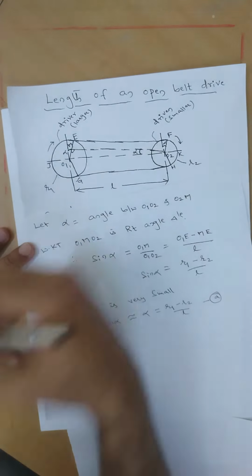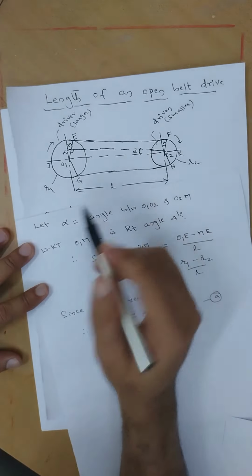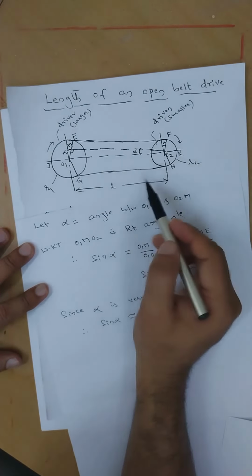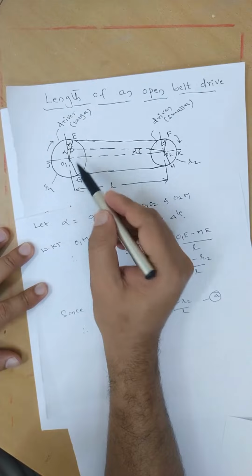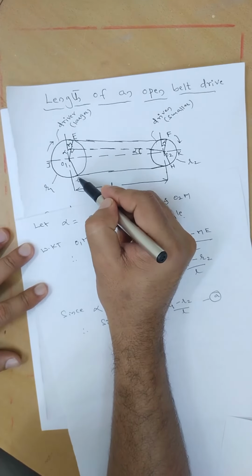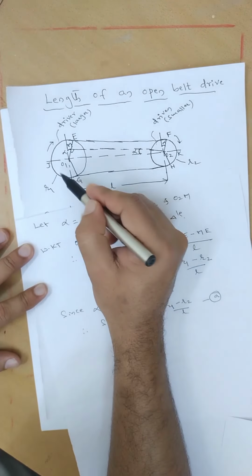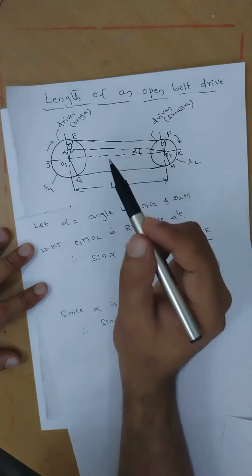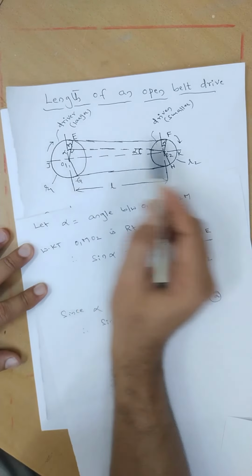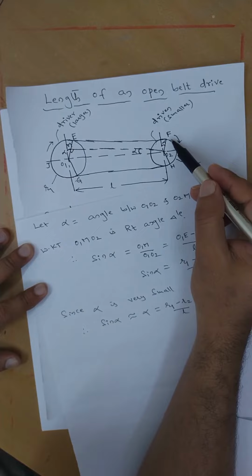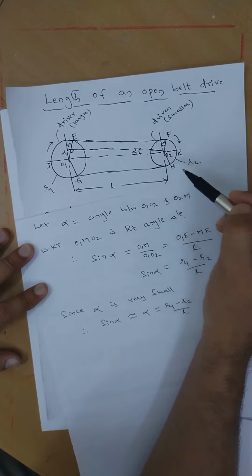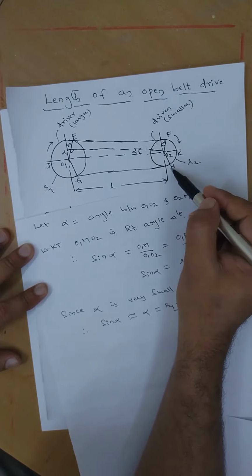Now we come to the total length. The total length of the belt is the arc GJE plus length EF plus arc FKH plus length HG.